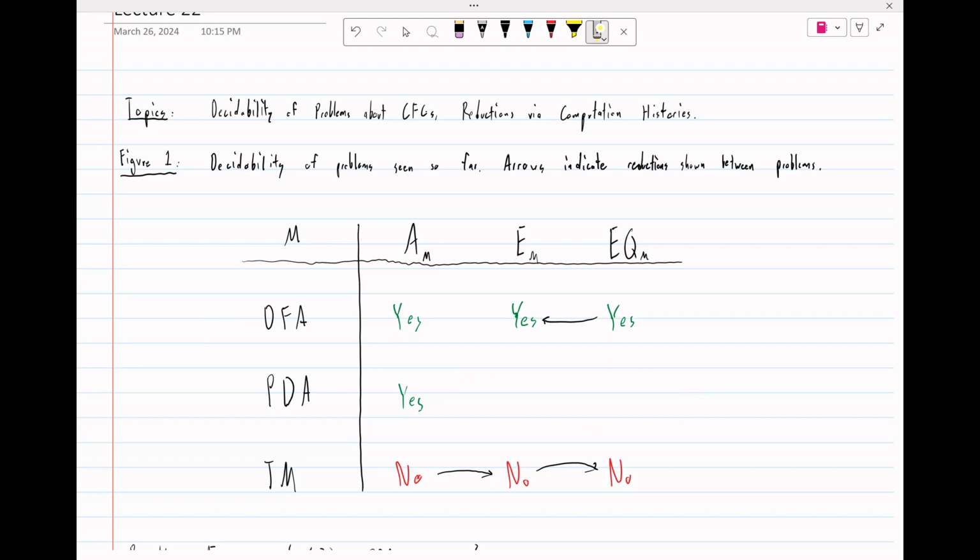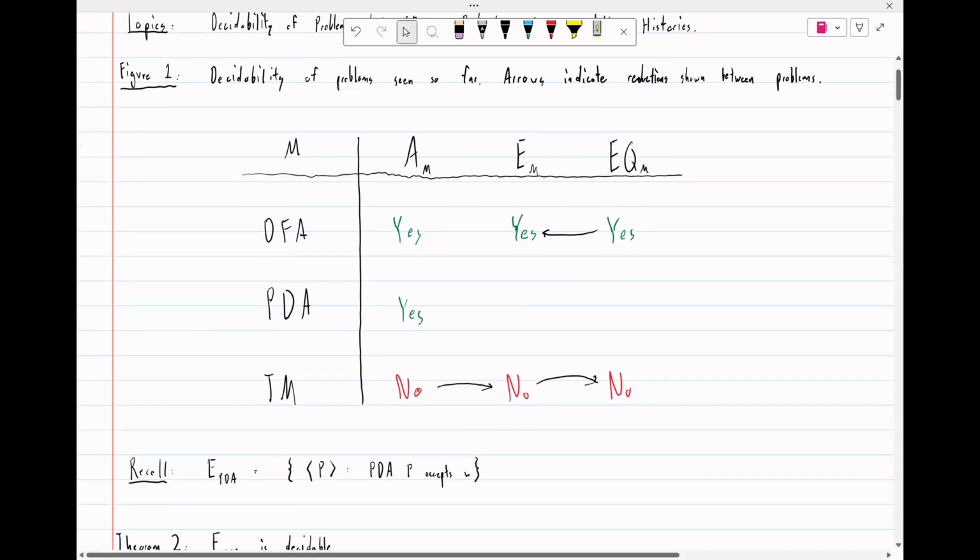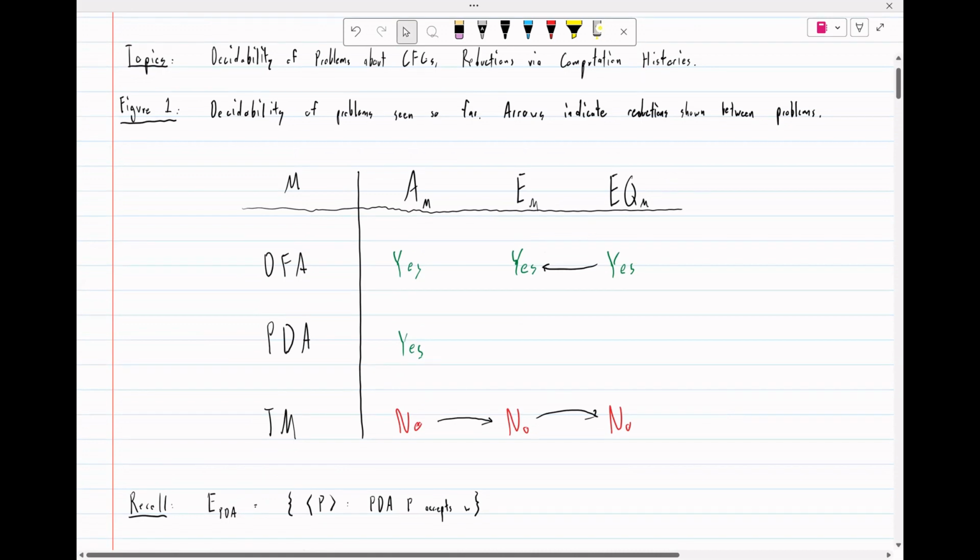Cool. All right. So what we're going to start with is this emptiness testing problem for PDAs. I'm just going to remind you how we define this problem.